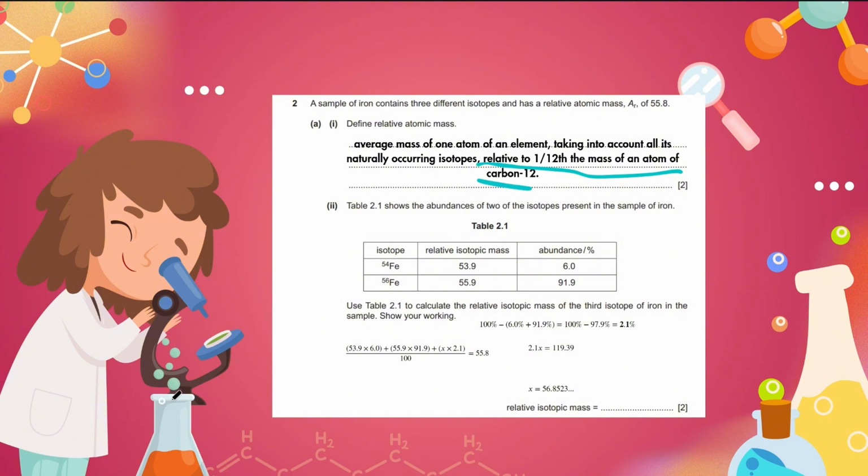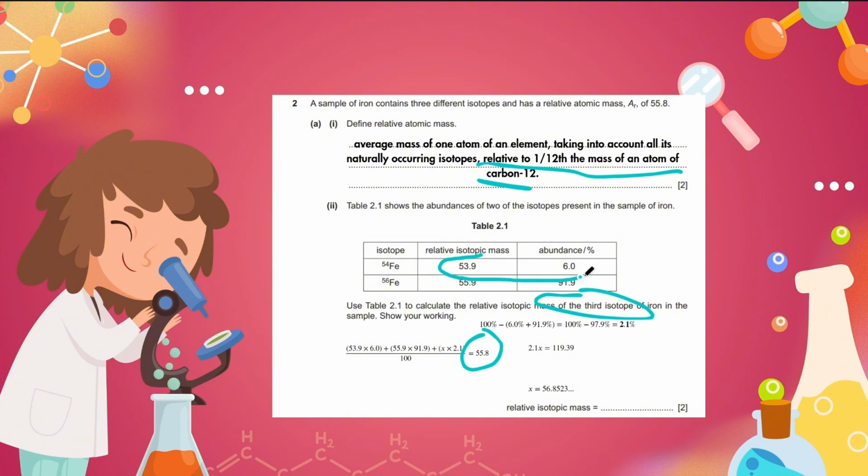And then this is the other question. We need to find the third isotopic mass of iron. So how to do it? Very easy. First, 50.8, found in the periodic table. Use it as your Ar, because that's the average Ar we actually use every day. And then we put this. We just times these, right?